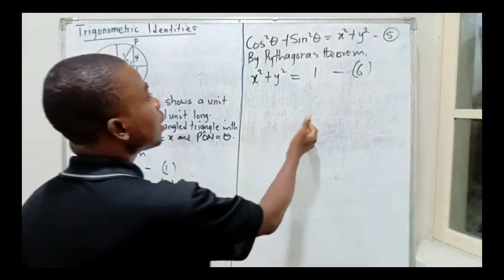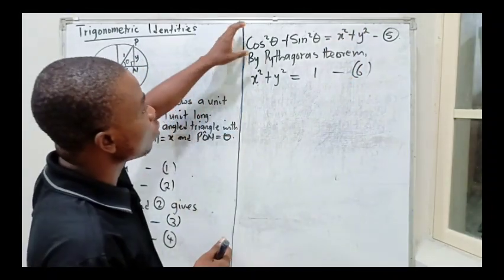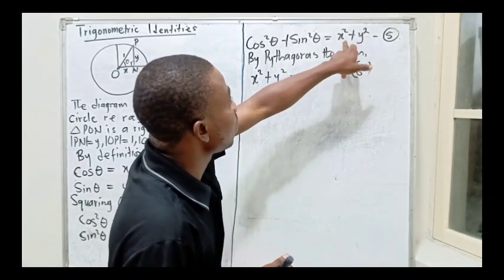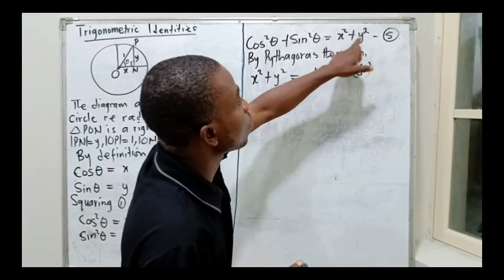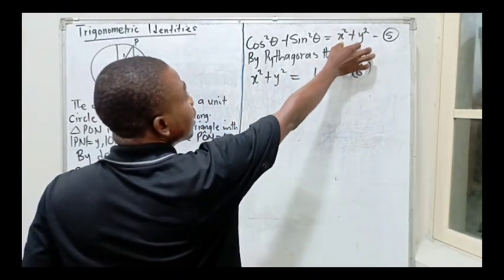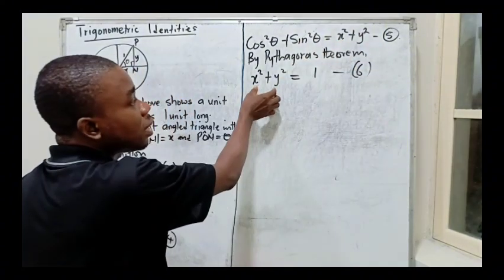Now we can compare equation 5 and equation 6. Look at the right hand side of equation 5: x squared plus y squared, which is equal to 1 from equation 6.